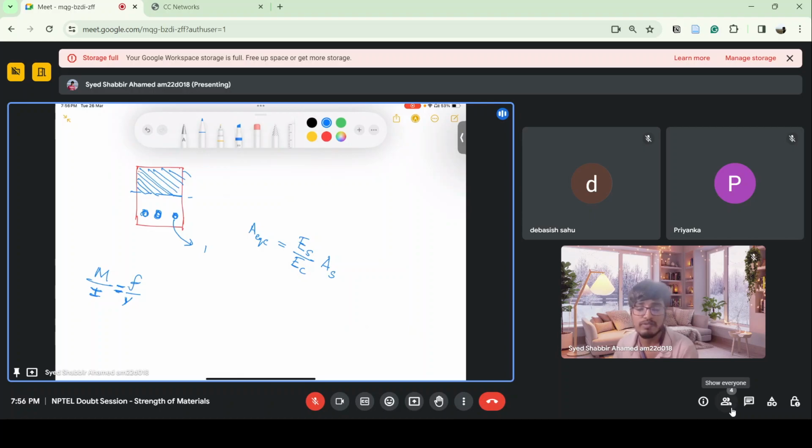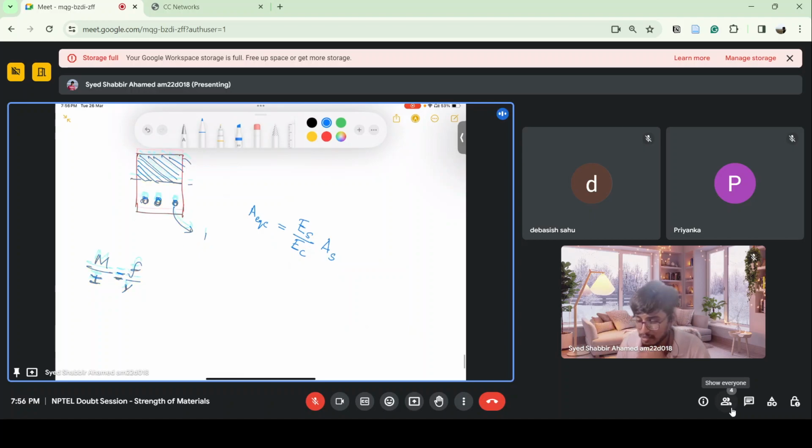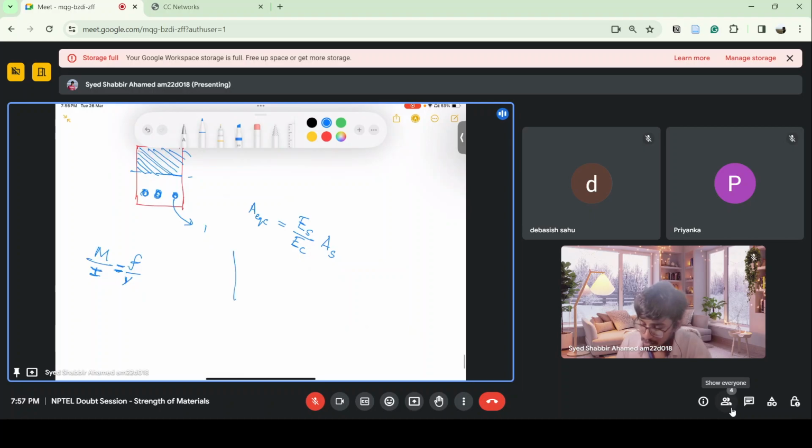So instead of steel, we are making an abstract area of the same concrete, so that the stress we take is also linear and continuous from top to bottom.